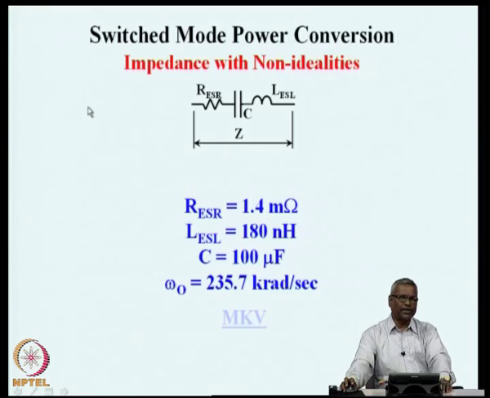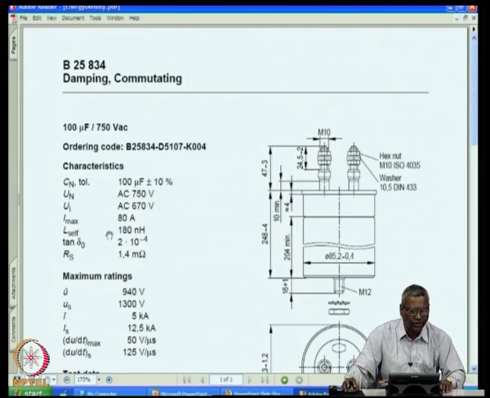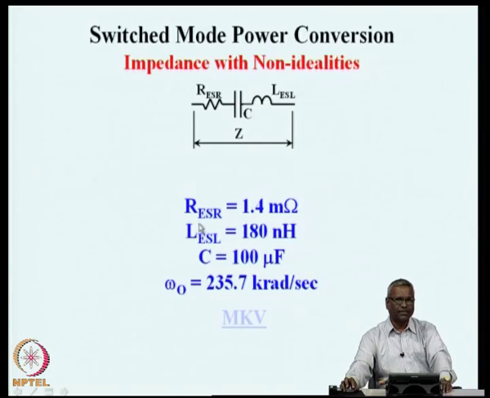Let us look at a typical capacitance that we had seen here. We saw the data sheet of this capacitor. It has 180 nanohenry as the self inductance, 1.4 milliohm as the resistance, and 100 microfarad as the capacitance. And those are the numbers that we see here.